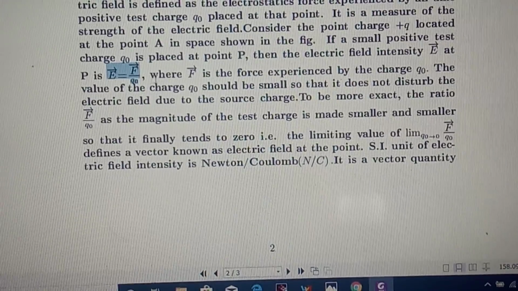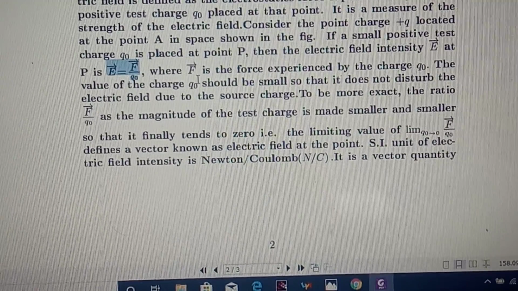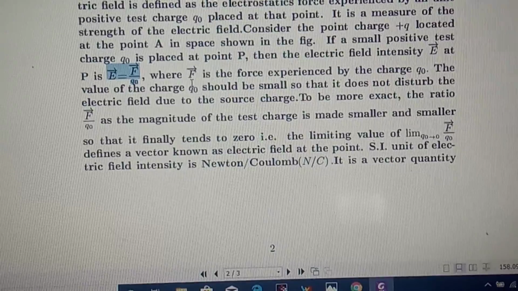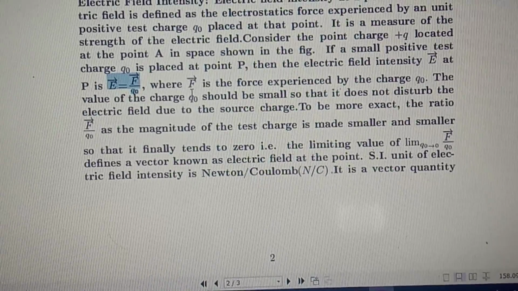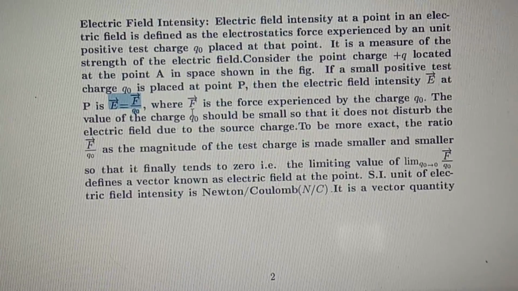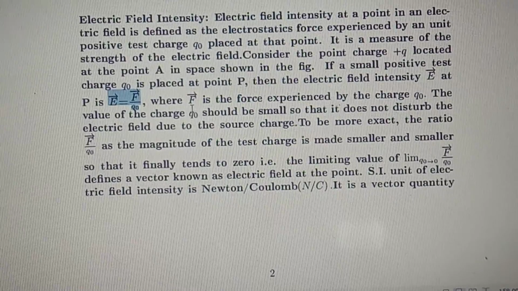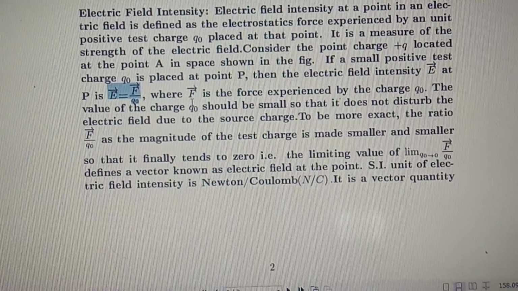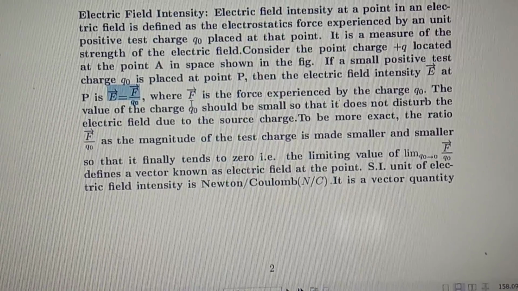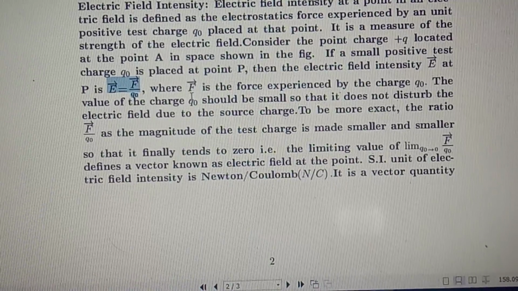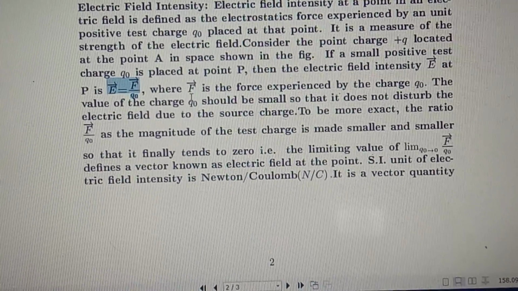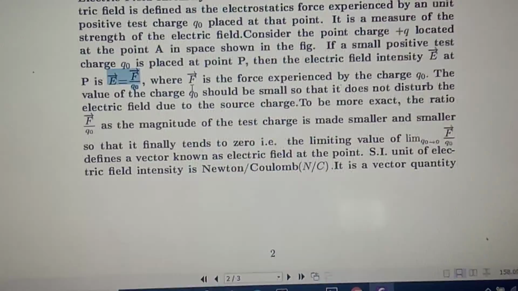As I have already stated, the test charge, which is used to detect the presence of the electric field, should be small and positive, so that it does not affect the configuration and the electric field due to the source charge.